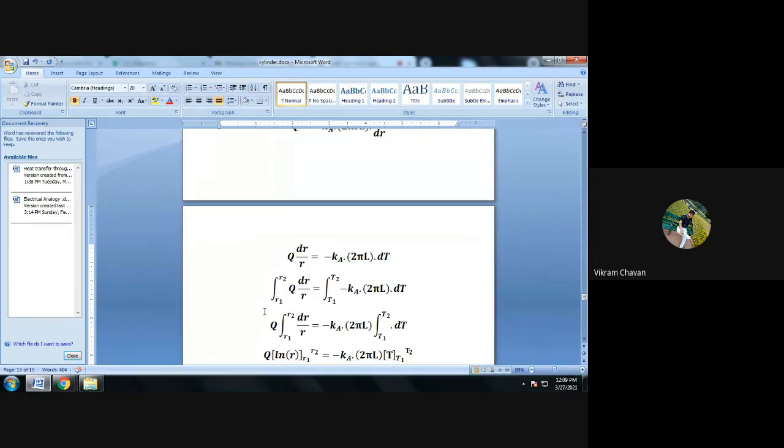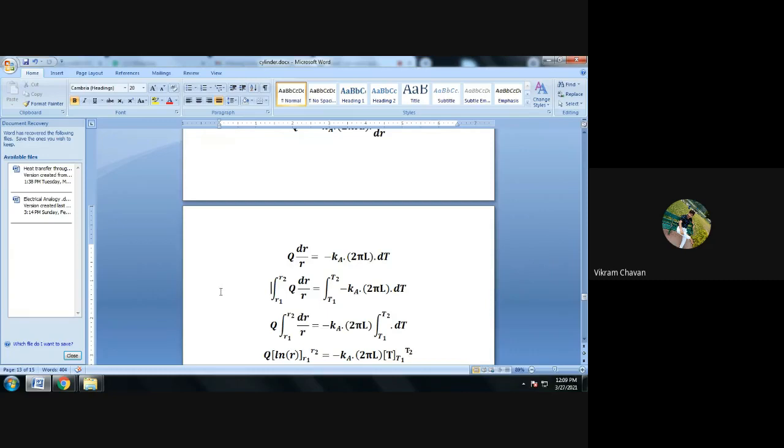On the right-hand side we have taken minus K suffix A multiplied by 2 pi L as a constant outside the integration sign, and integrated dT with limits T1 to T2.